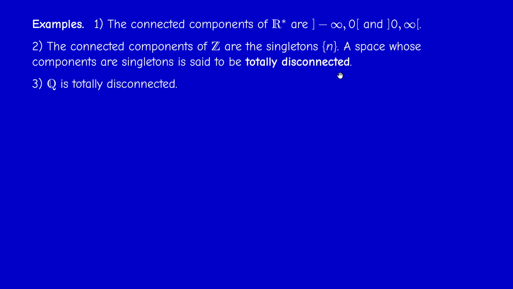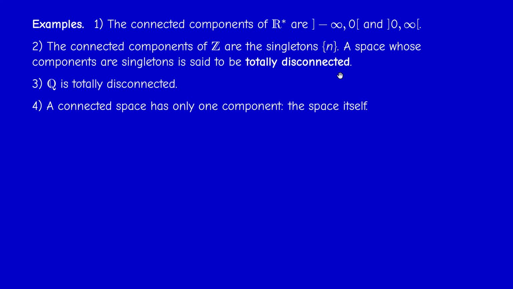We proved earlier that Q is totally disconnected because the connected components of Q are the singletons. Of course, we don't consider the empty set as a connected component because it's empty. And we observed that a connected space has only one component, the space itself, so all elements are in relation.